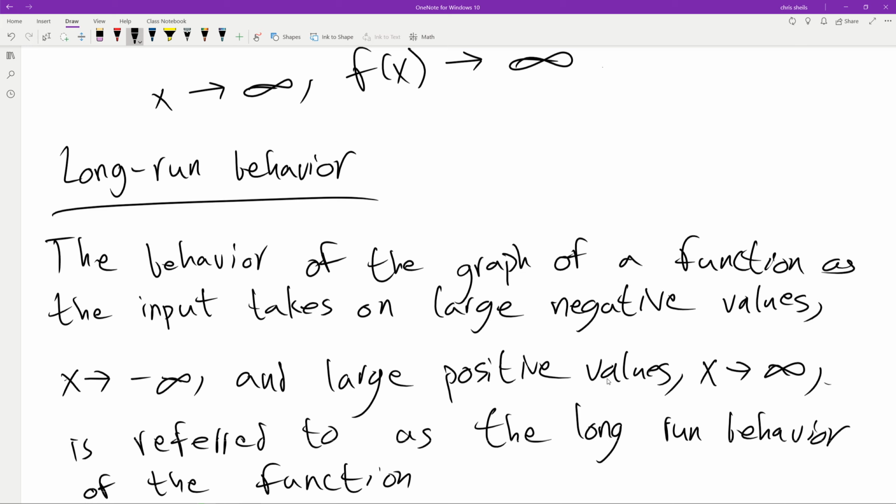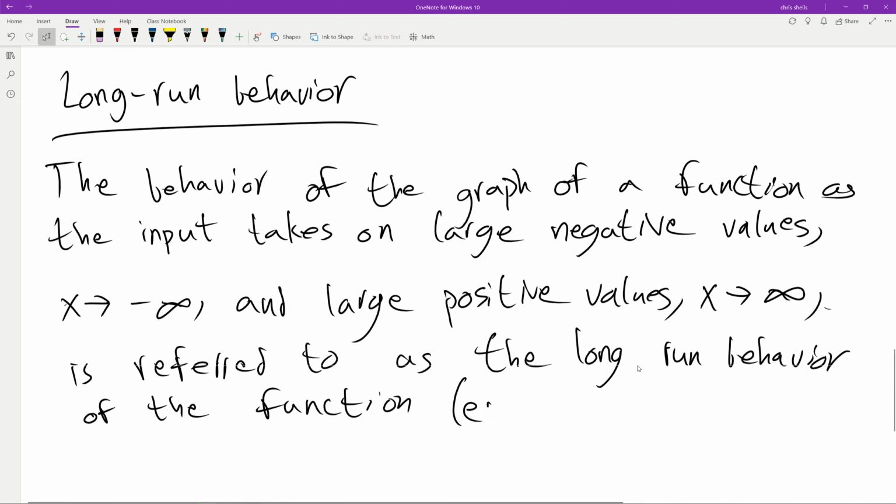This is sometimes also called end behavior. End behavior is the term that I have always heard and used personally.